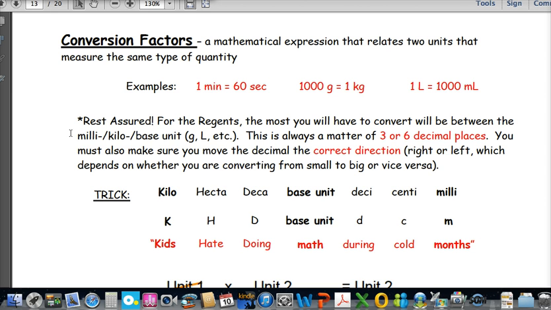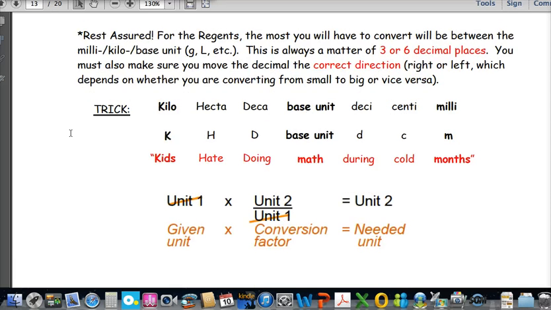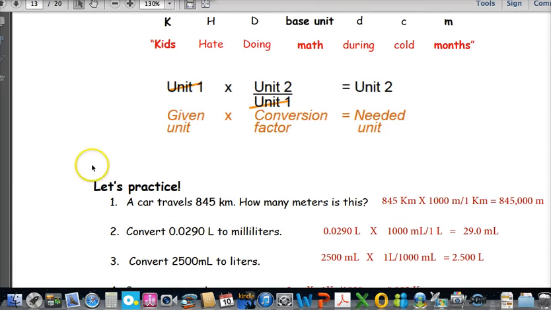So, for example, here's how you convert using a conversion factor. I think it's easier just to give you an example. Using this here, let's take a look at number 1. Number 1 says a car travels at 845 kilometers. So that is the given unit. How many meters is this? Well, the unit that we need is meters.